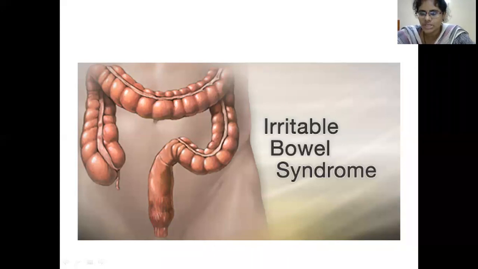Usually no, you have to rule out an infectious cause and investigate thoroughly. You can't give loperamide in an infectious cause. Any doubts you can put in the chat box. As such, this is a very short topic.